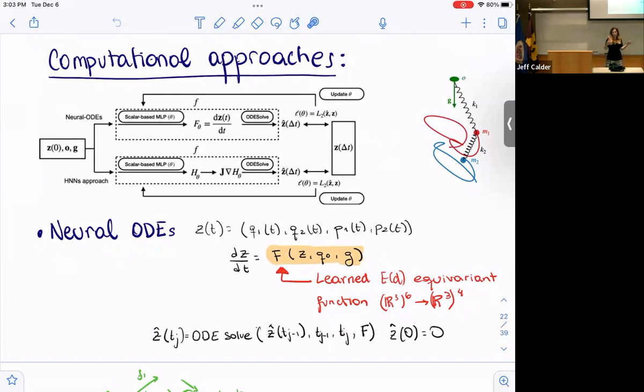I don't know what differential equation it satisfies, but I'm going to learn a function that learns what differential equation the data satisfies. Then I'm going to use an ODE solver to predict the outputs for that differential equation. And then I'm going to look at how the predictions compare with the data, and then make an update to the parameters that define the differential equation. That's the way neural ODEs work.